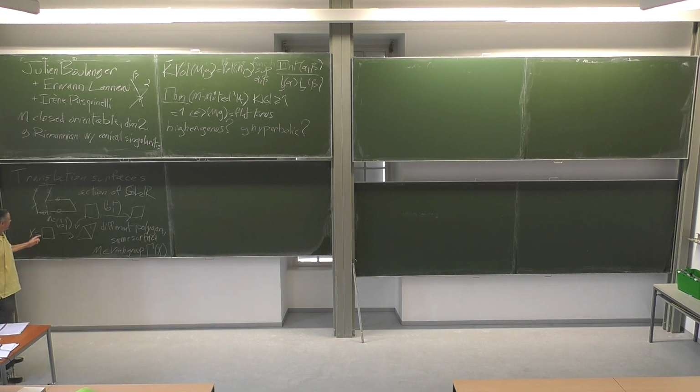And obviously, if you take as your translation surface the square torus, the Veech group is SL2Z.